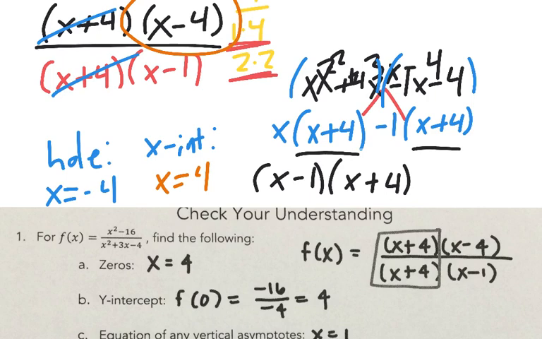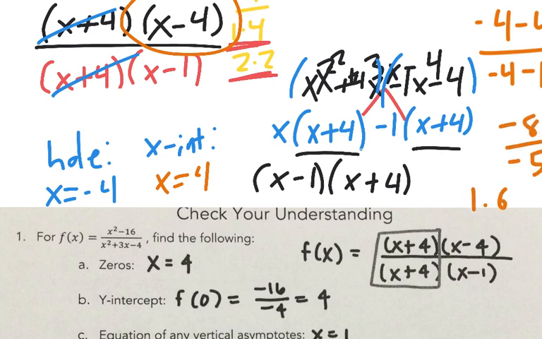So what we can do is, because we know the hole is at negative 4, and these are the parts that give me a problem at negative 4, we can plug negative 4 into the parts that don't cancel. Just the parts that don't cancel. So then this would be, and I'm kind of running out of space, negative 4 minus 4 over negative 4 minus 1, which is negative 8 over negative 5, which is 1.6.